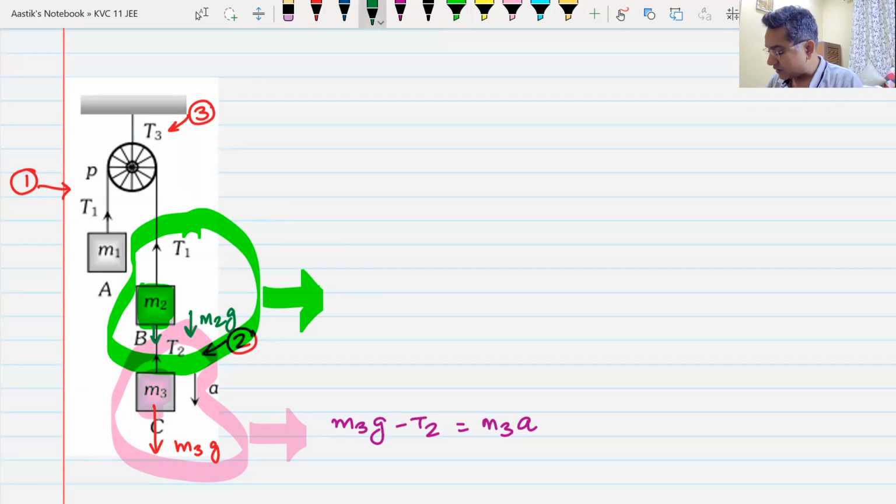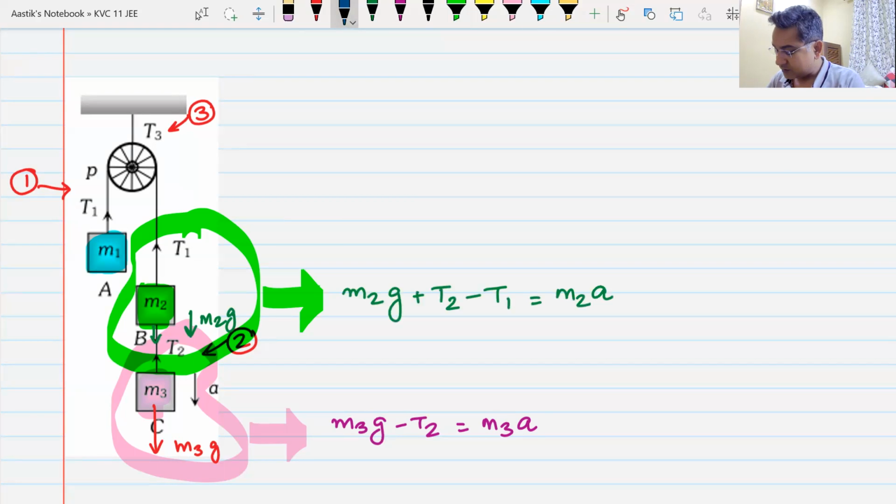So what is the equation? M2G is downwards plus T2, which is also downwards because the string is pulling it, minus T1 will be equal to M2 into A. Everyone understands this? Just writing the equation. Let me write the equation of the blue block.